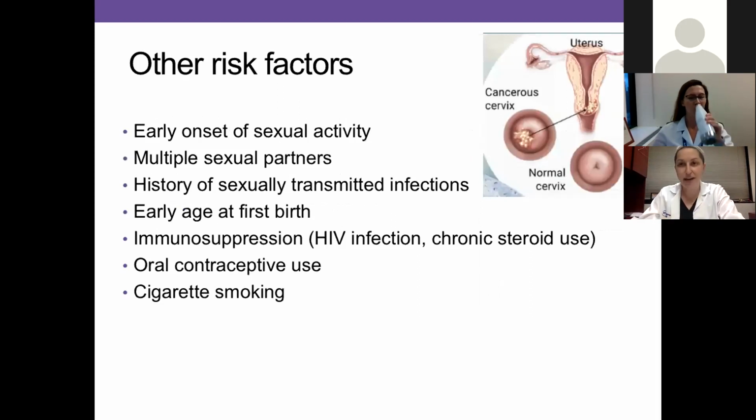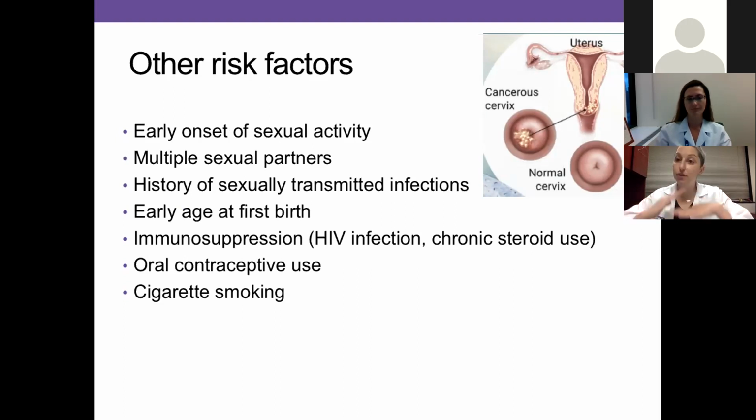There are other risk factors that can also put you at risk for cervical cancer. Most of them are related to your exposure to HPV, such as early onset of sexual activity, multiple sexual partners, a history of other sexually transmitted infections, and early age at first childbirth. And these are three very important points.